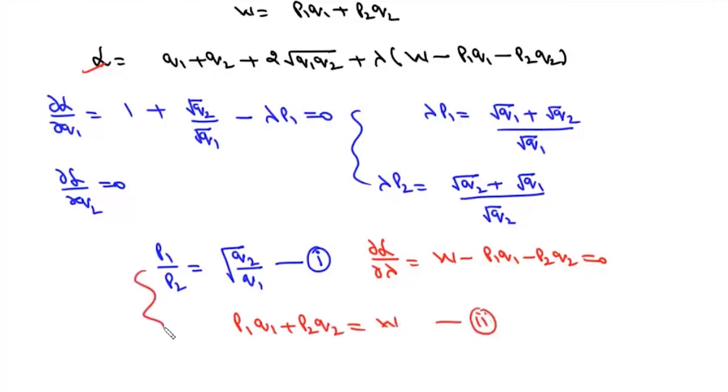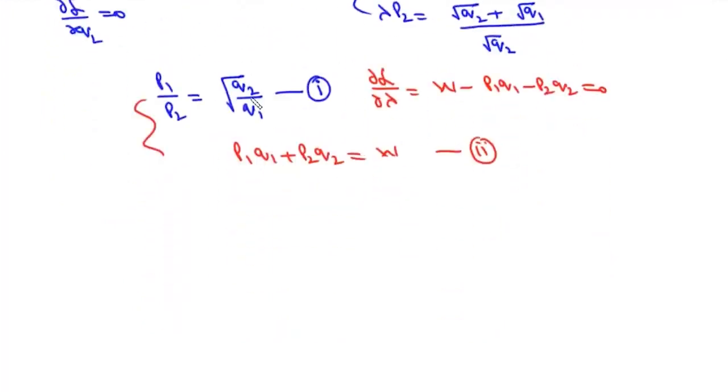Now using these two, we have to find the value of Q1 and Q2. Now if we square this, basically we can write Q2 as P1 upon P2 whole square into Q1. So we can write this equation as P1 Q1 plus, now P2 Q2 will be P1 square Q1 upon P2, and it will be equal to W.